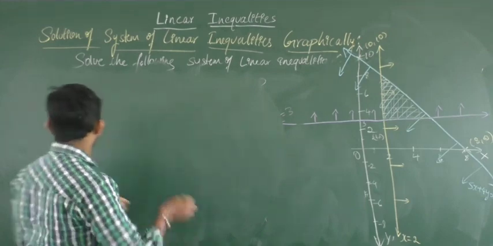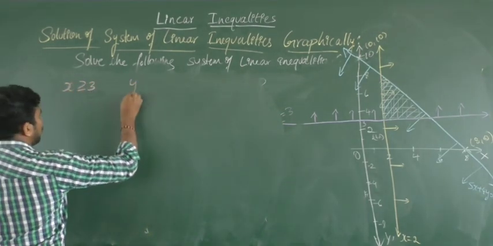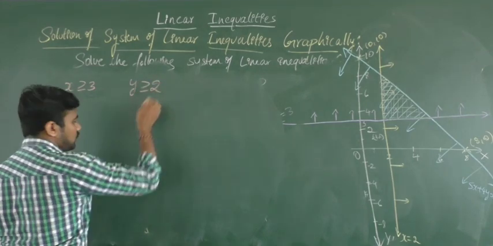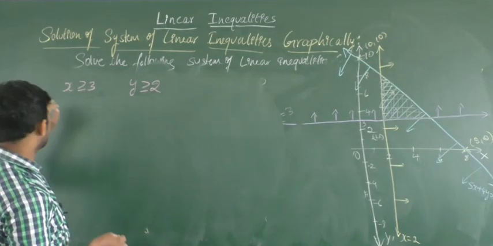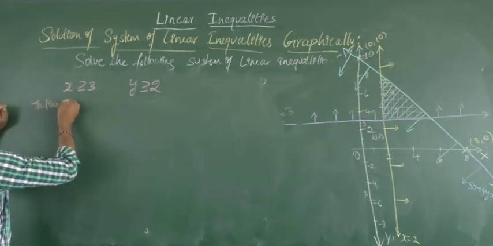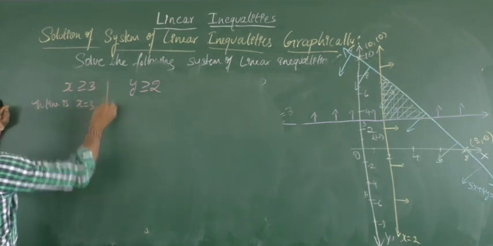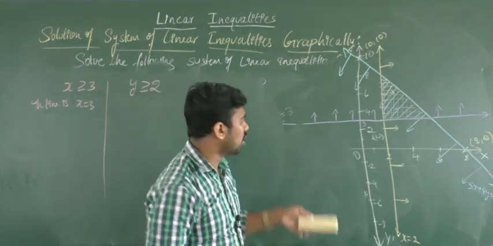See, x greater than or equal to 3, y greater than or equal to 2. x greater than or equal to 3, y greater than or equal to 2. So here which line will we get? The line is x = 3. Okay. So we'll get a vertical line passing through the point 3 on the x axis.